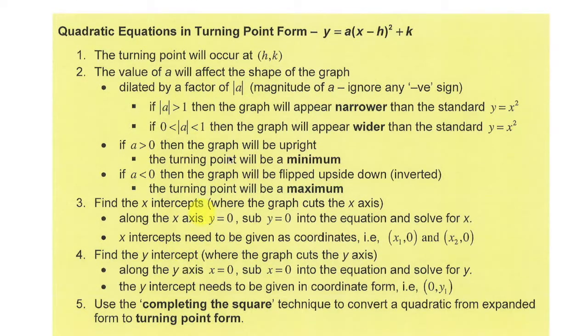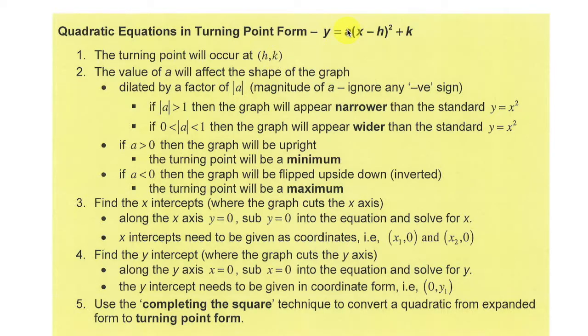Of course, quadratic equations can also be in turning point form. The turning point always occurs at h, k. So take what's inside the brackets here, solve for x, and that'll be the x value for the turning point, and then the k will be the y value of the turning point.